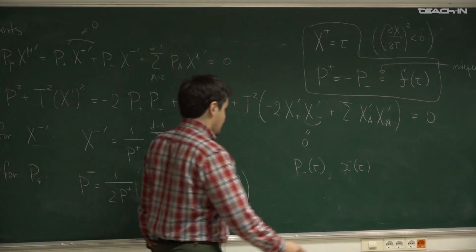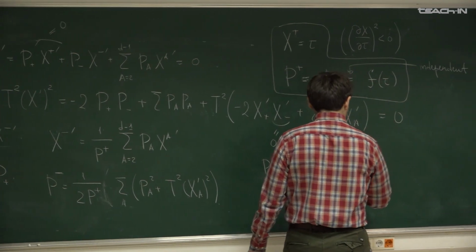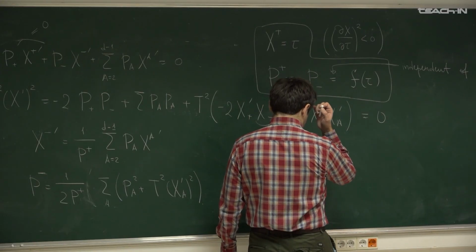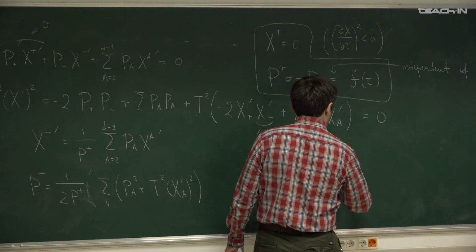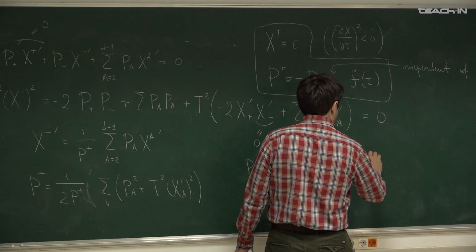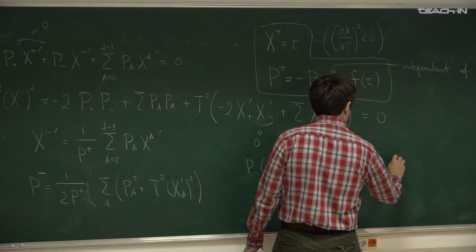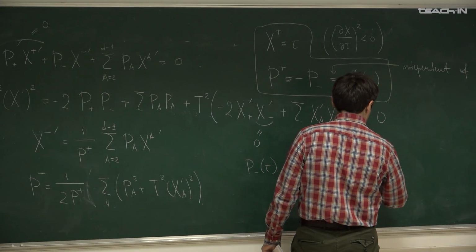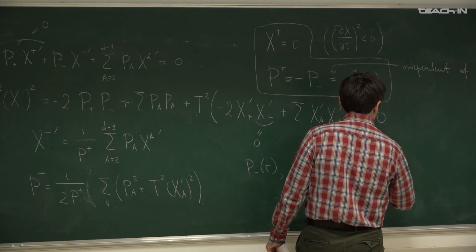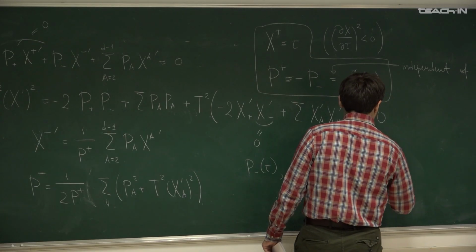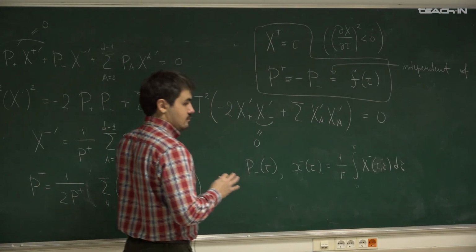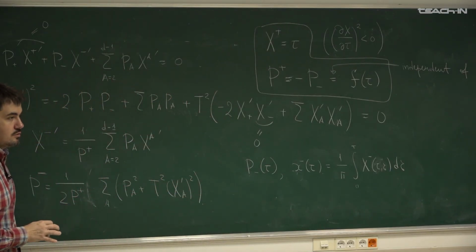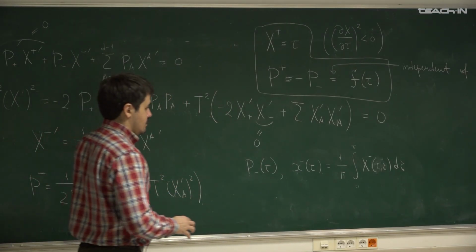So x minus of tau is something like 1 over pi times the integral of x minus of tau sigma d sigma. So there's still one mechanical mode remaining of x minus.